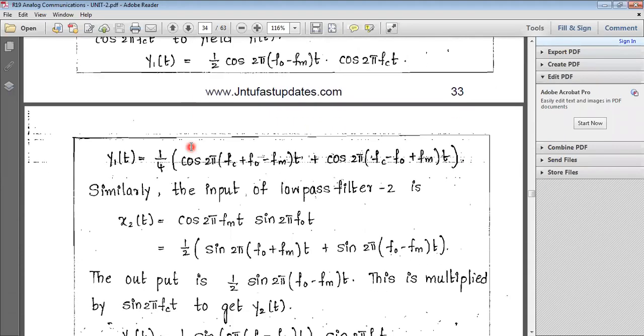For that purpose, what is m of t? M of t is cos 2 pi fmt into sine 2 pi f naught t. Cos A sin B gives sin A plus B plus sin A minus B. Then you have this expression: half into sine 2 pi into f naught plus fm into t plus sine 2 pi into f naught minus fm into t.